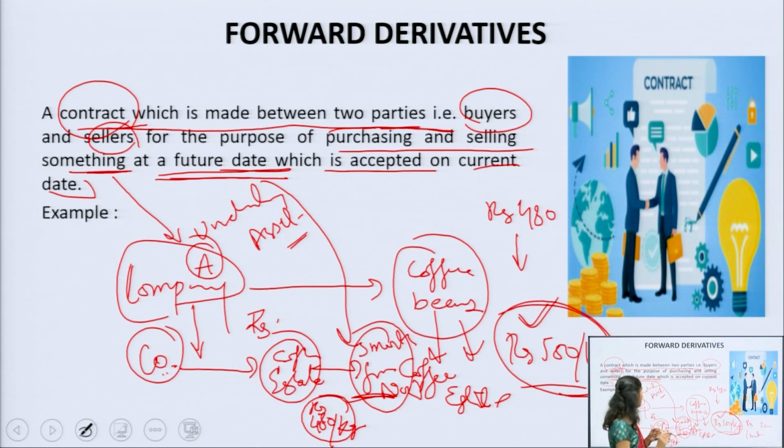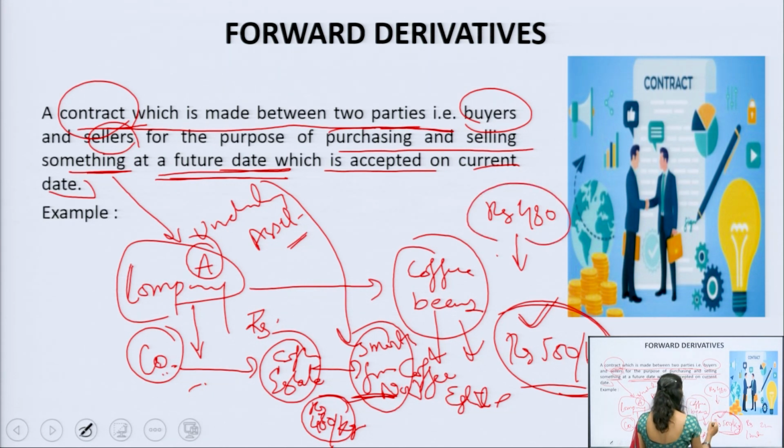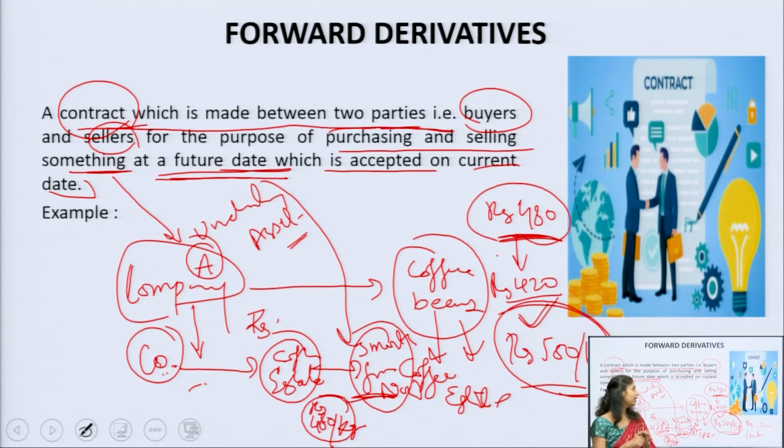In this case the company will make a kind of loss. Why? That company is purchasing those coffee beans at this rate, and after the price reaches 420 rupees, now 420 rupees has come, the price has fallen down, the company had bought at 480, so it eventually had a loss. But a fixed price was set, so if going forward the price increases, suppose it goes to 520 rupees, then that company will benefit.